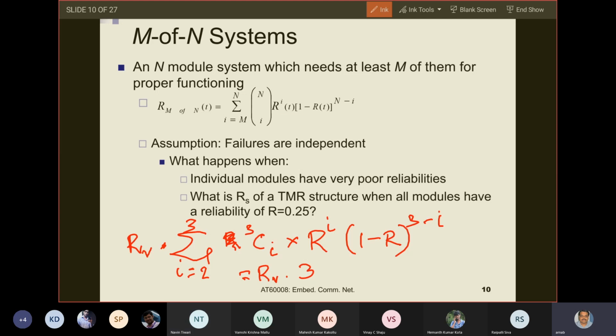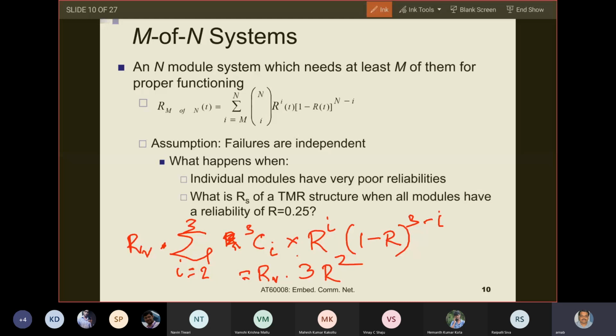So what are we getting? It is R_V into 3R square minus 2R cube. Right, 3R square minus 2R cube. This is what you are saying? Yes, sir. Right.